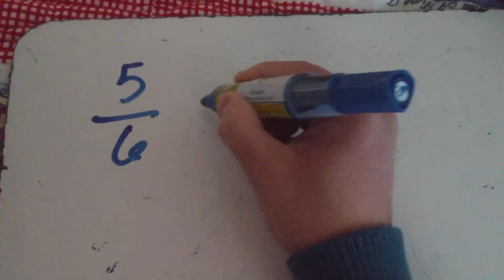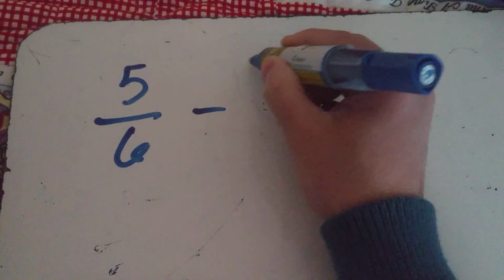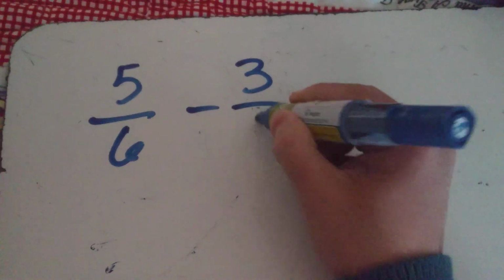Now, since I said the video would be about adding and subtracting, let's do a couple subtraction problems before we post some problems for you to do on your own. So let's try 5/6 minus 3/6.